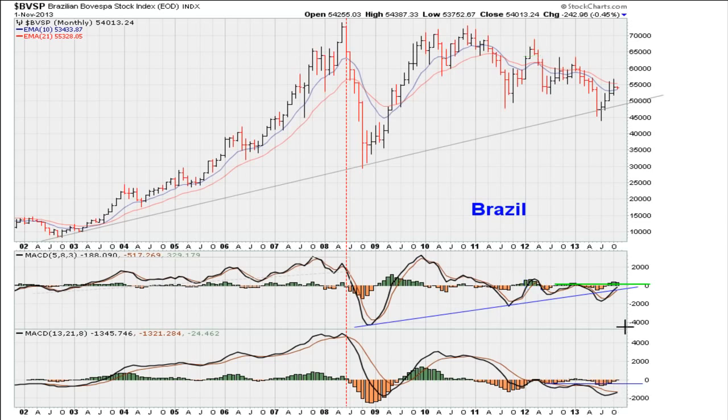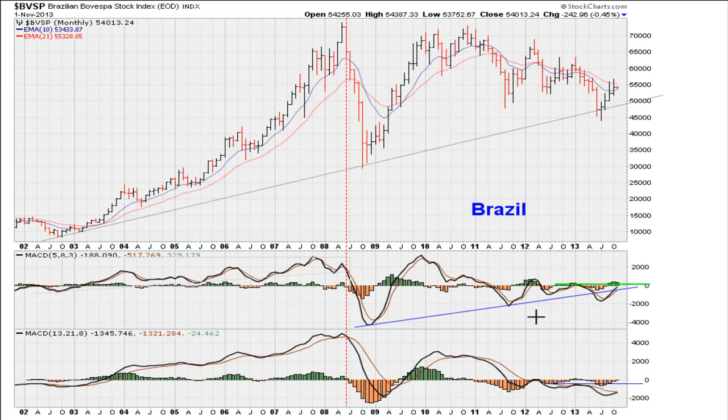This market is not a buy until it breaks out on the MACD above this blue line, which happens to be the most recent MACD crossover failure. So this market is not a buy. This MACD is telling us even the Brazilian market has yet to confirm upside momentum until it can break out above this most recent crossover failure point.